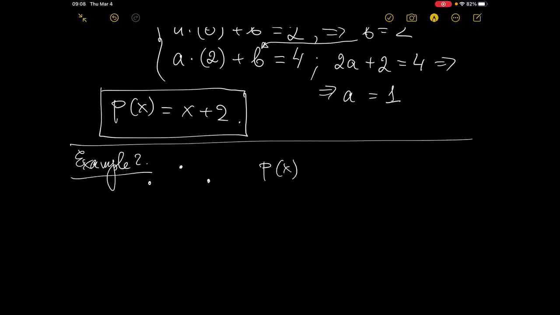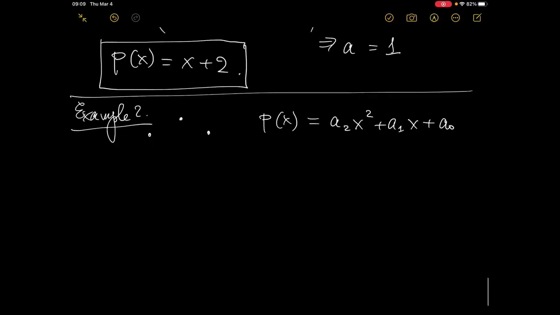Let me consider p of x, which will be a2x squared plus a1x plus a0. And I'm given x1, y1, x2, y2, x3, y3. So I know that I can always draw a parabola through them. So why is it so?